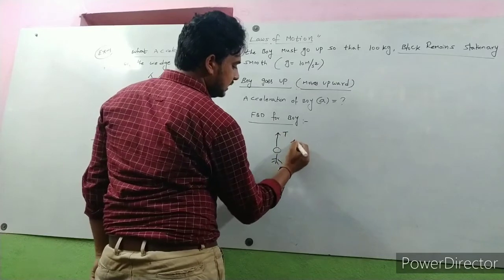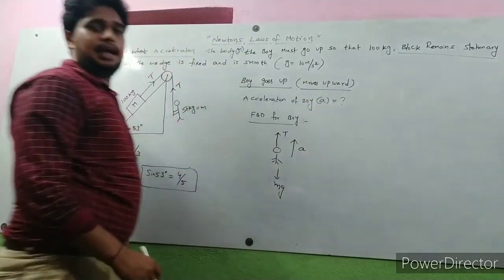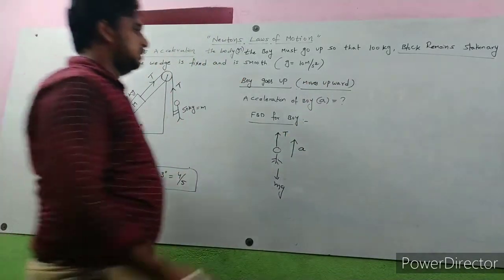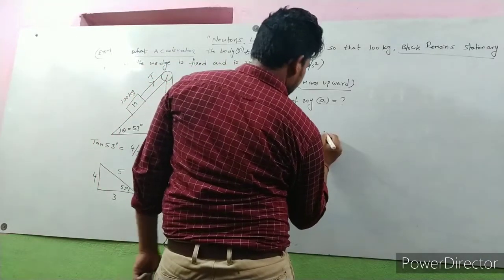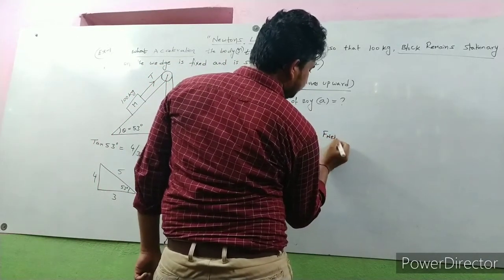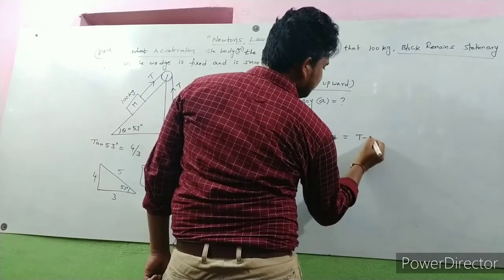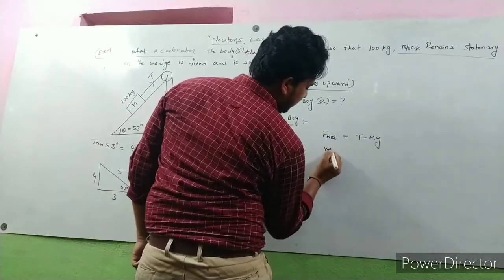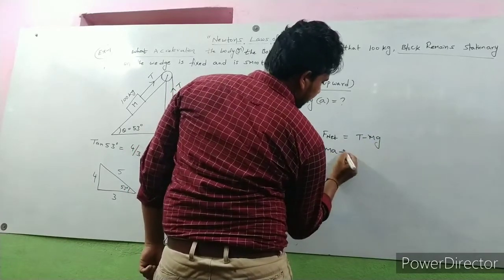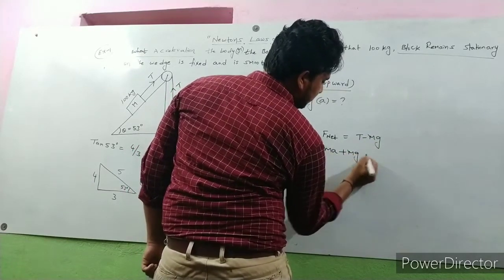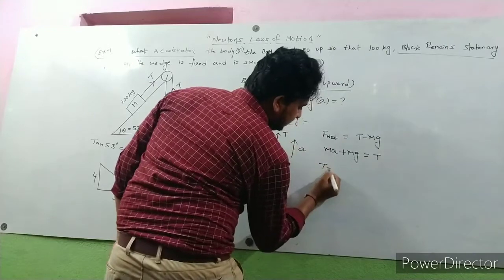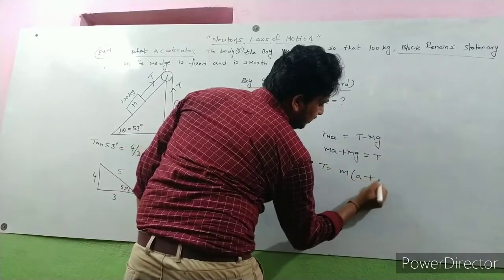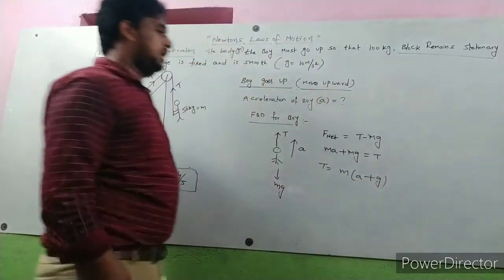Acceleration is acting in the upward direction. From this, net force is equal to T minus mg, so ma is equal to T minus mg, that means T is equal to m into a plus g.